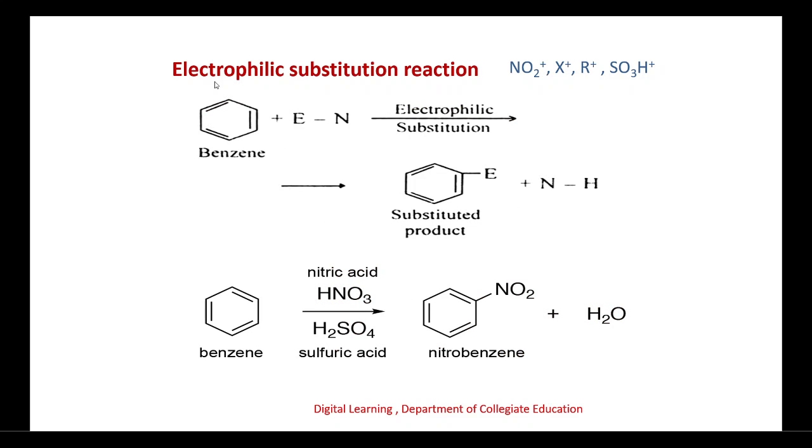Coming to the next type, the electrophilic substitution reaction. When an electrophile such as NO2+, X+, R+ or SO3H+ is involved in a substitution, that reaction is called an electrophilic substitution reaction. Generally, alkenes and aromatic hydrocarbons undergo electrophilic substitution where there is a replacement of the hydrogen atom with an electrophile.